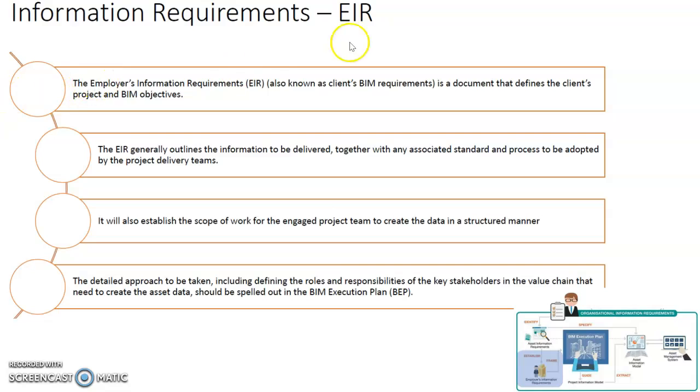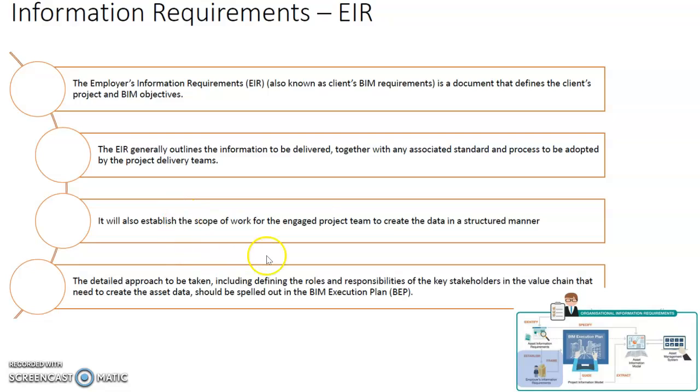This EIR is the document that defines the client's project and BIM objectives. The EIR generally outlines the information to be delivered, together with any associated standards and processes to be adopted by the project delivery teams, that means the consultants and the contractor.